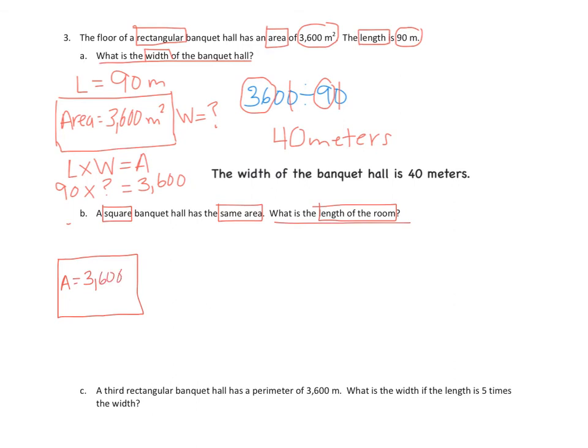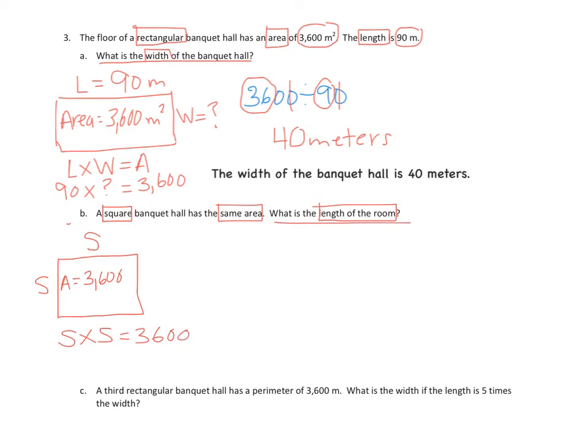So let's think about this. If this side has to be the same length as this side, since a square has all equal sides, to find the area you're taking one side times the other side, and that's going to give you 3,600.